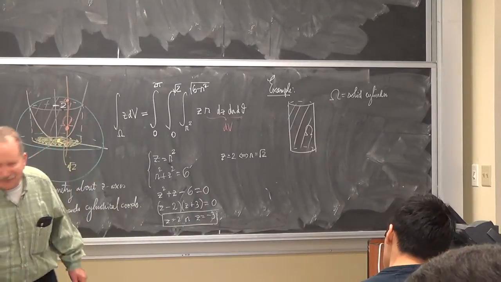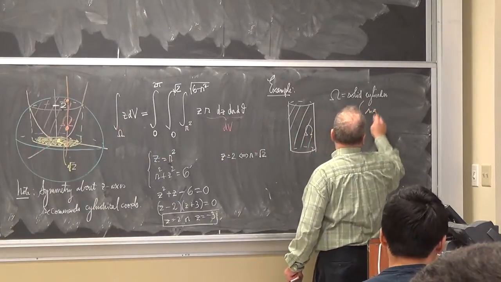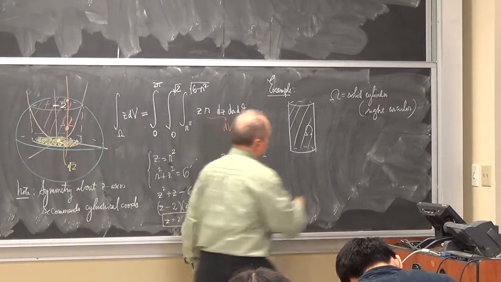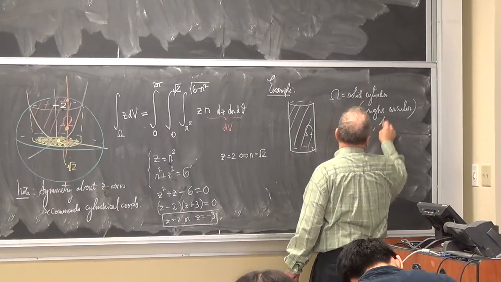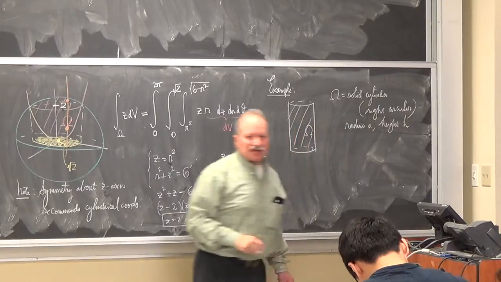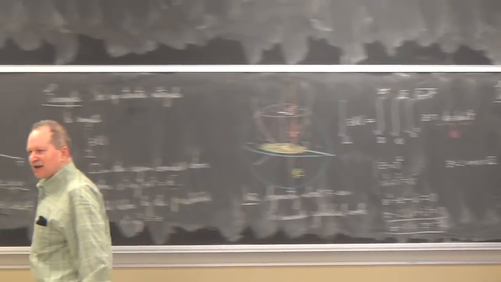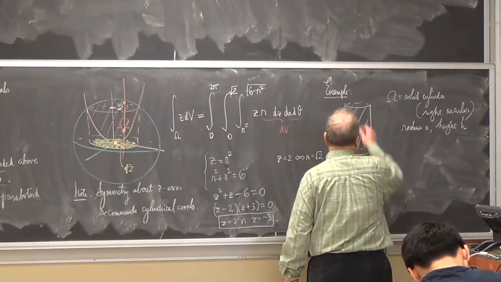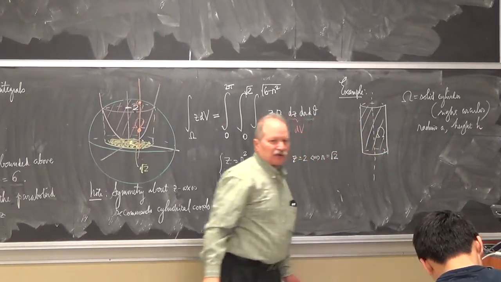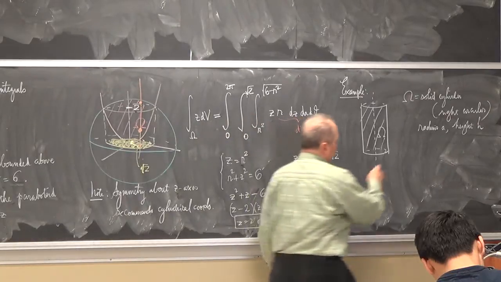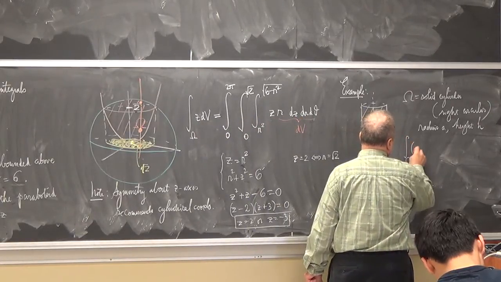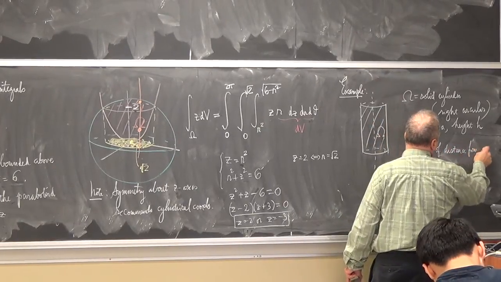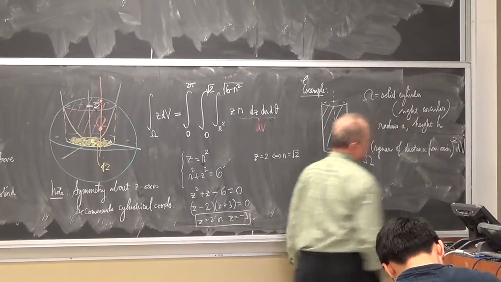Radius a, height h. And what I'm interested in, and presumably the people in here who've taken physics know why, but the rest of you will find out Friday, is taking the axis of symmetry and asking what's the integral over the region of the square of the distance from the axis, dV.